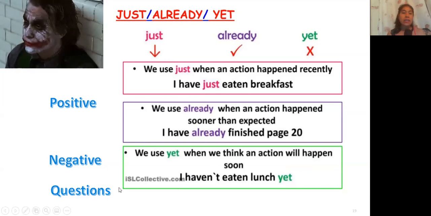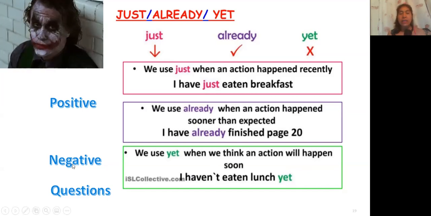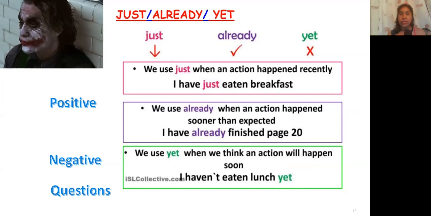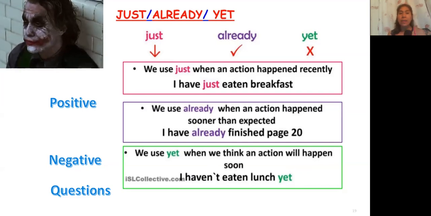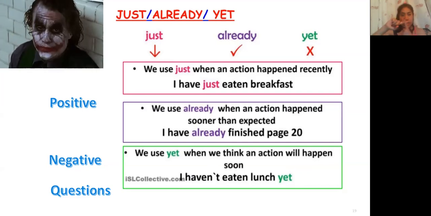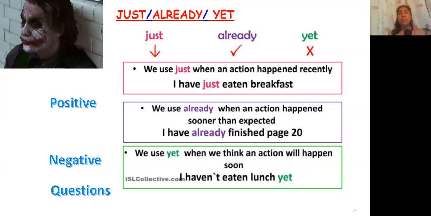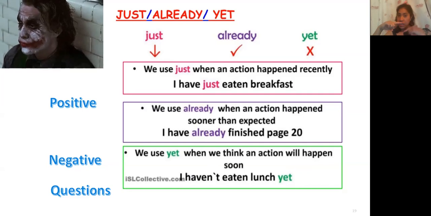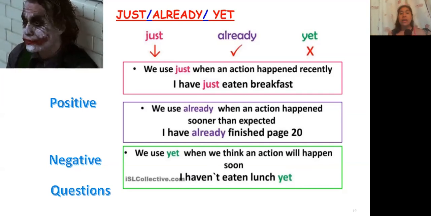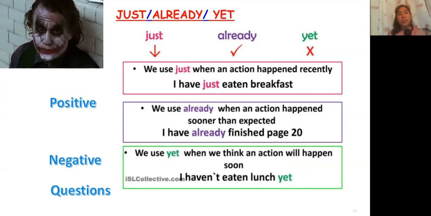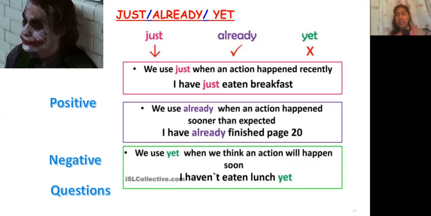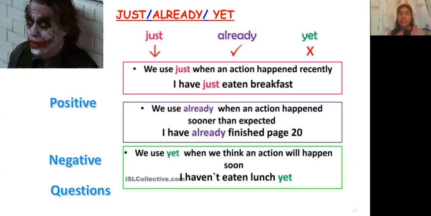And it is for negatives and questions. Okay? So be clear. One more time. Just and already in positive sentences and before the main verb, and yet in negative sentences and in questions. And we put it at the end of the sentence.